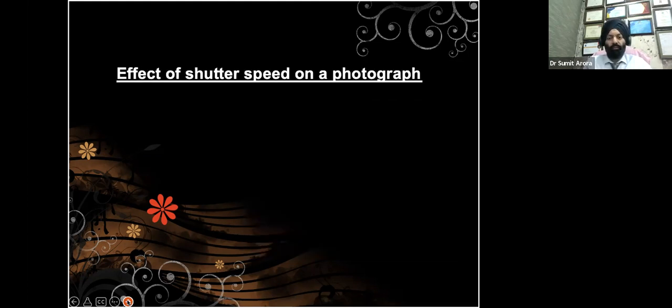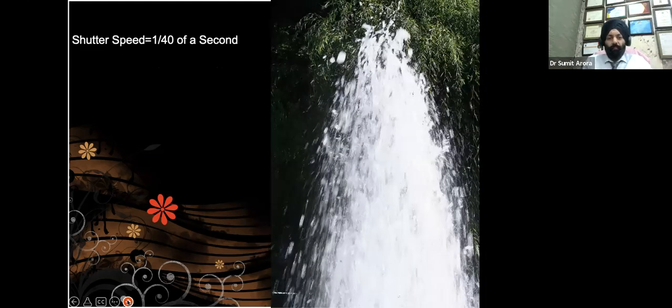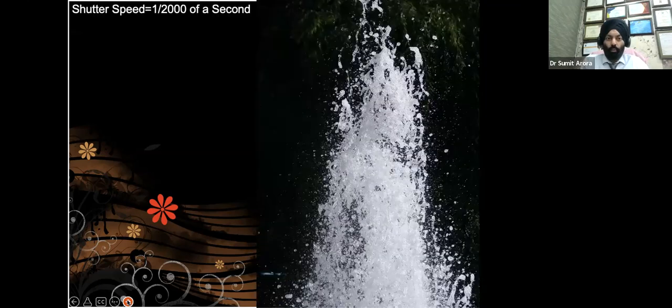Now, the effect of shutter speed on a photograph. If we set a shutter speed of 1/40th of a second, it is going to blur the movement, so we are going to get shaky images. But if we increase the shutter speed to 1/2000 of a second, then we are going to freeze the movement. Now, what is the importance of shutter speed in dentistry?